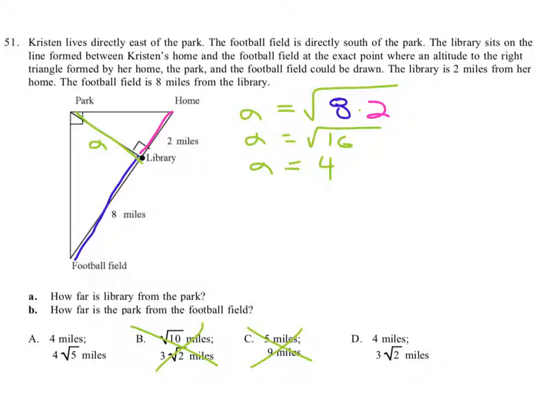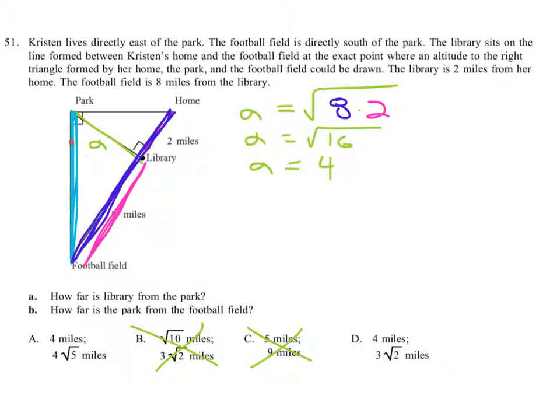And now, how far is the park from the football field? The park from the football field is this length over here in blue. Park to football field. How do we find that? We take the entire length of the distance from her home to the football field, this entire length, times whatever this side is that corresponds with the edge of the triangle that you're trying to get.